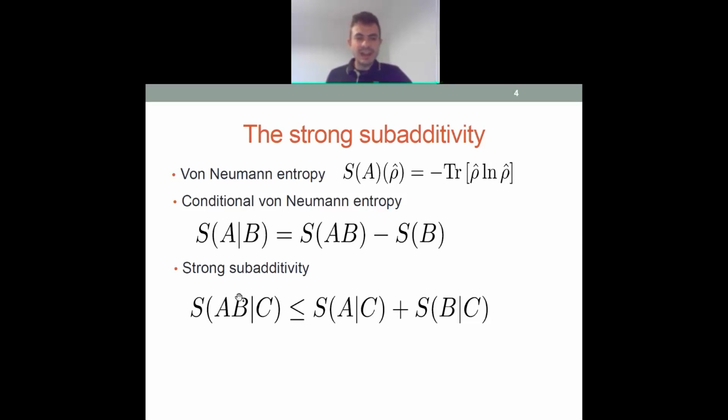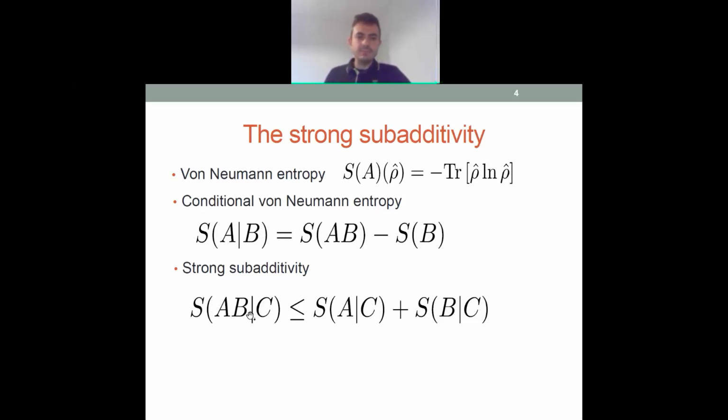So here you can notice that all the entropies appearing in the inequality are conditioned on a quantum system C. And on the left-hand side, we have a joint quantum system AB.